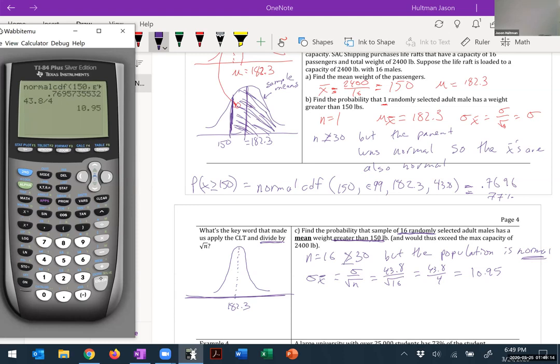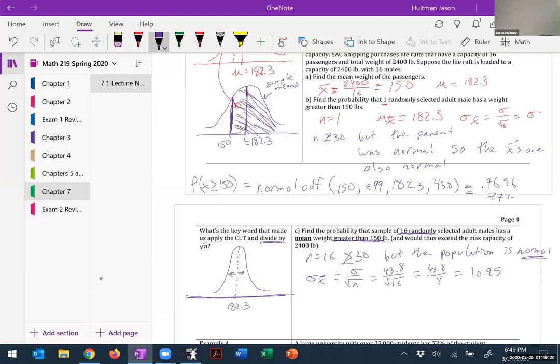So the standard deviation is much smaller than before. That means the probability of getting someone above 150 is going to be much bigger.